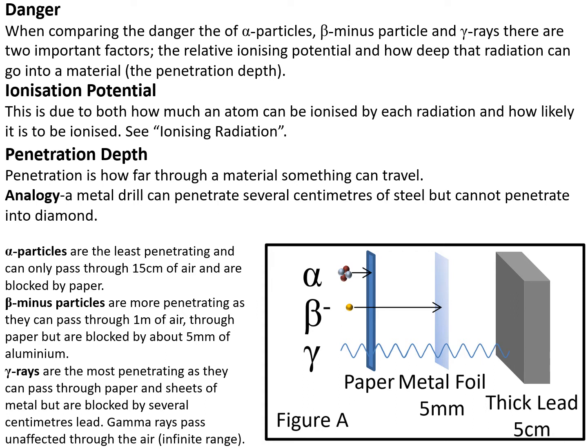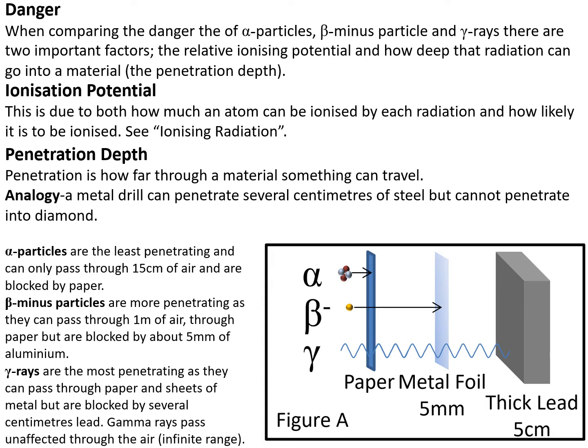Beta minus particles are more penetrating as they can pass through around 1 meter of air. They can pass through paper, but they are blocked by sheets of metal around 5 millimeters thick. Again, the thicker the sheet, the more will be blocked. And gamma rays.